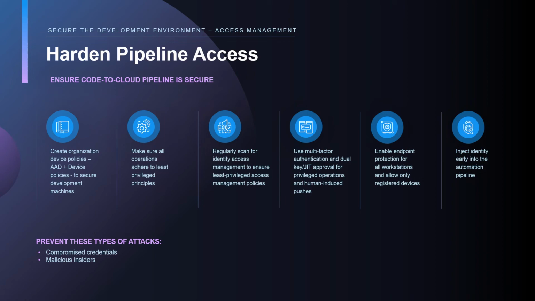Also, use multi-factor authentication and dual key or just-in-time approval for privileged operations and human-induced pushes. Next, enable endpoint protection for all workstations and allow only registered devices. Lastly, inject identity early into the automation pipeline. Fortifying identity controls like this helps protect against attacks like compromised credentials and malicious insiders.